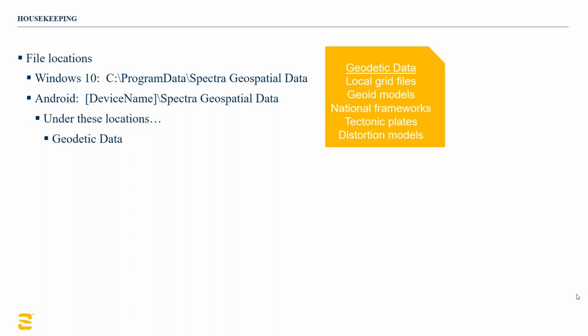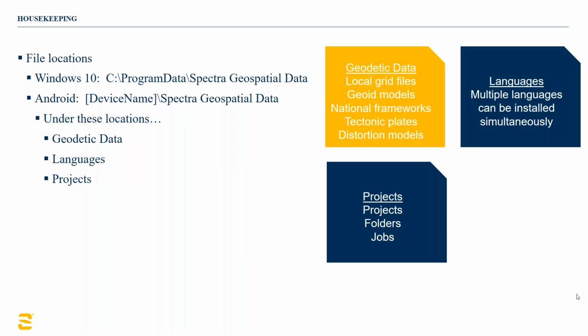And here you'll find your geoid models, and if you have national frameworks or local grid shifts. Where I live, I'm going to be in one of these places that will have to have a distortion model because I'm in Southern California and my home moves 4 centimeters northwest every year. I'm right on a plate boundary, so all of these types of data sets or parameter files are in the geodetic data directory.